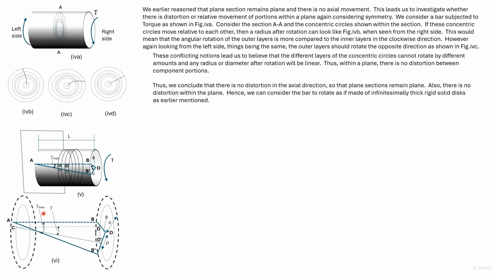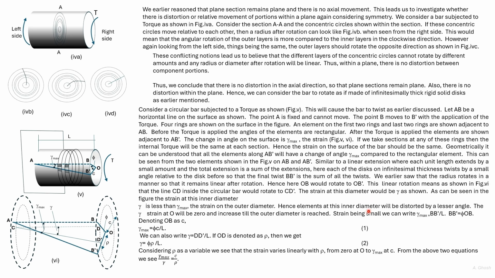Now tan gamma max can be given as B dash by AB. AB is equal to L, so gamma max can be given as B dash divided by L, considering gamma max to be small and tan gamma max equal to gamma max itself.